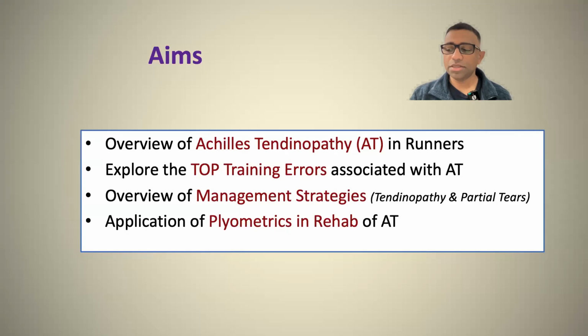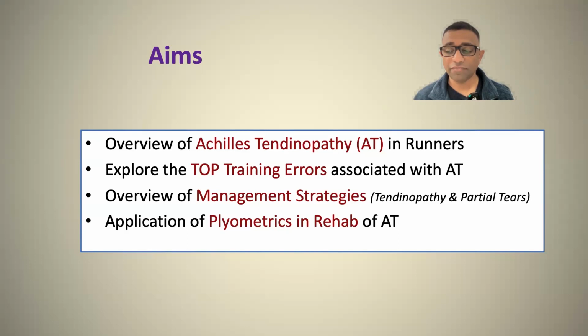Now, in this presentation, we'll be looking mainly at application in runners. Achilles tendinopathy can happen in both active and inactive patients, but for the purpose of this talk and the following talks, we'll be mainly looking at Achilles tendinopathy in recreational runners. We'll also look into the top training errors.